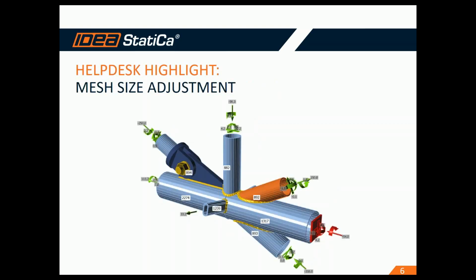And at the end of the webinar, we will have a quick look into our HelpDesk issues. This time, I will discuss something about the mesh size adjustment and about solving problems with such circular pipes.